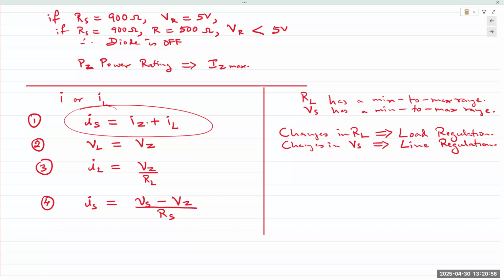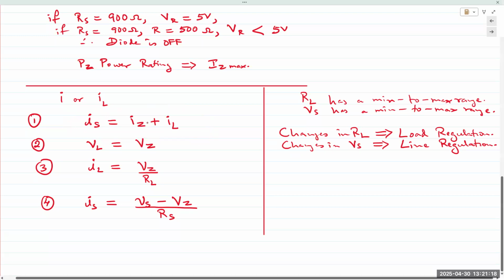In order for that to remain constant, IL must remain constant. And if IL is constant, what happens to Iz? It goes up. So as Vs increases, Iz also increases in order for regulation to be maintained.